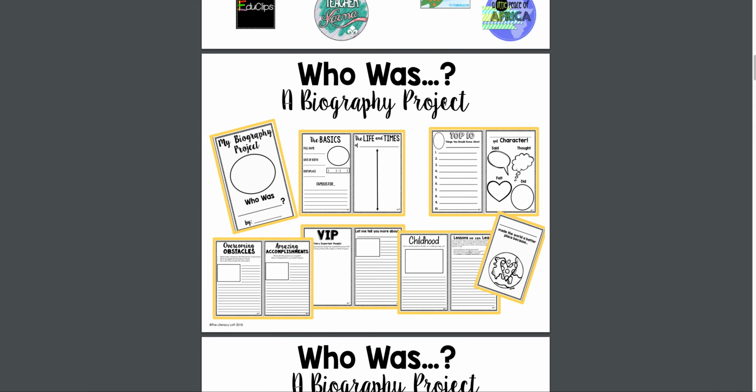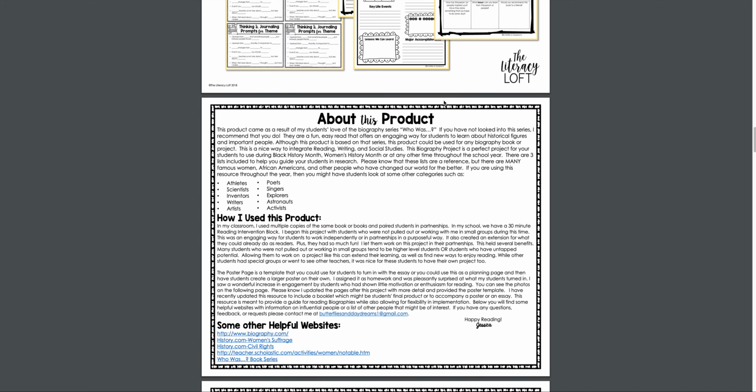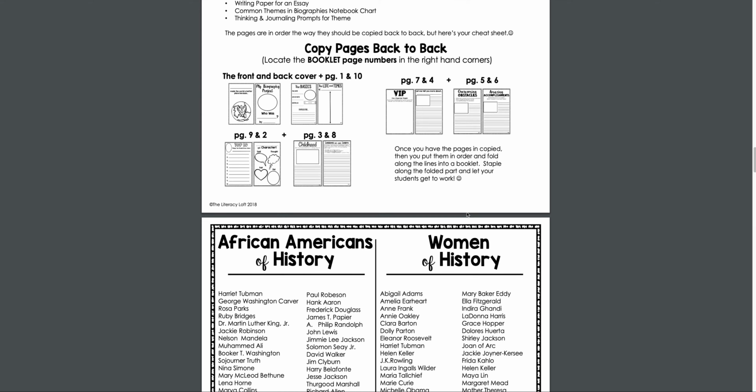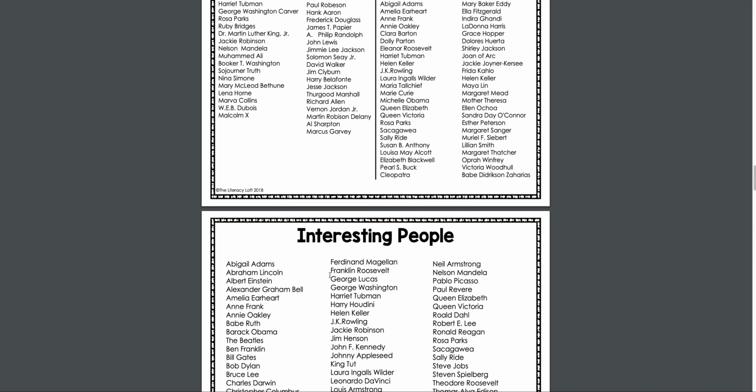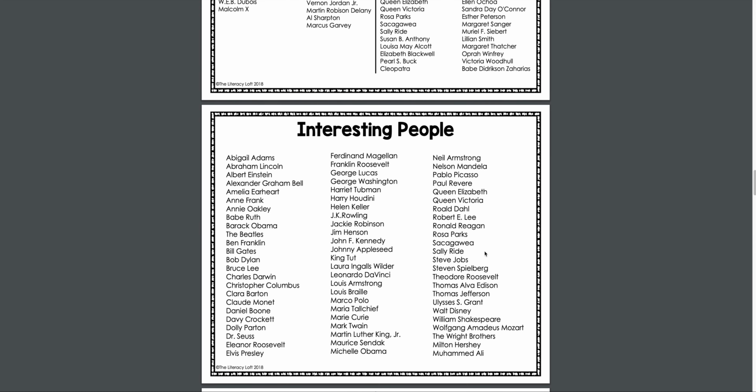I'm going to scroll down. I also give you some suggestions, like even if you don't follow the Who Was series, how you could use this. It would be great for Black History Month or Women's History Month, or to have each student in your class select a person.